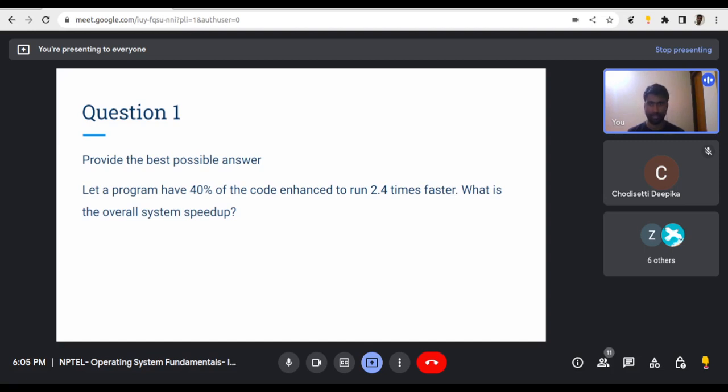Can you tell me the overall system speed up? 40% fraction of the code is enhanced to run at 2.4 times faster. How much overall speed up will it result in? Would anyone like to contribute?